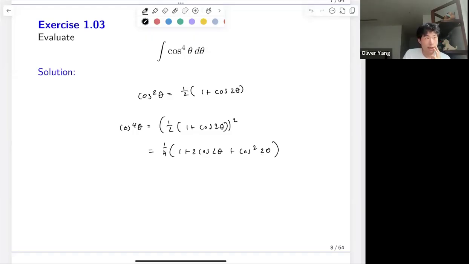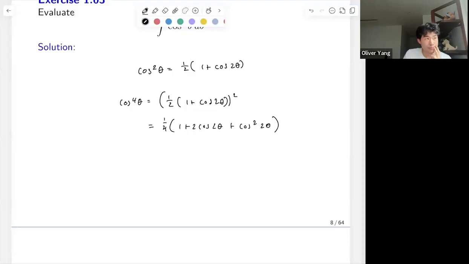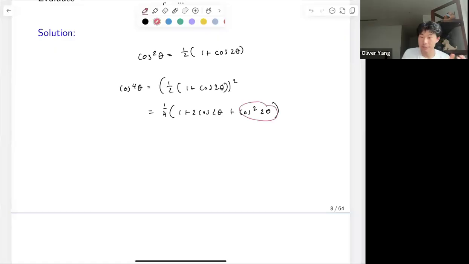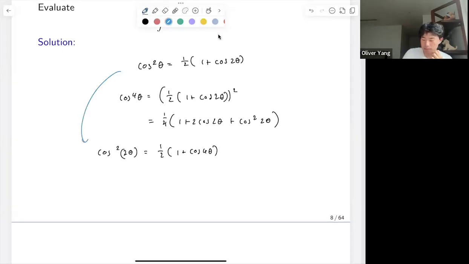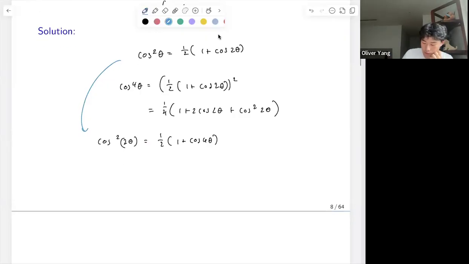After we've done this, we want to decompose this again using the double angle formula. So cos squared 2 theta is equal to 1 over 2 plus cos 4 theta over 2. We're basically doubling, raising the angle by a factor of 2. And so we can substitute this in for that.